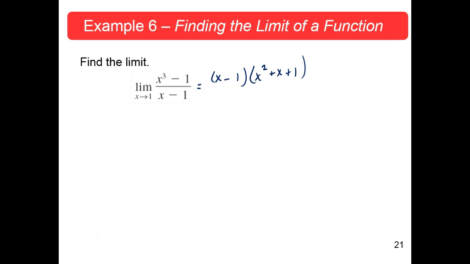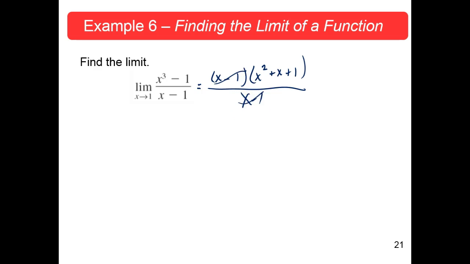Then the next term: square the first term, opposite the product, square the last term. And that gives it to you every time. Now, if you do that over x minus 1, what happens? The x minus 1's divide away.